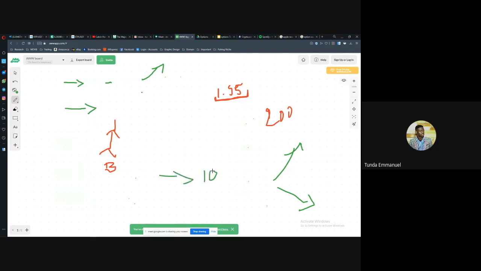Let's say you buy it at $10, and you can sell that same company at $20. So this is one of the strategies actually that we use.